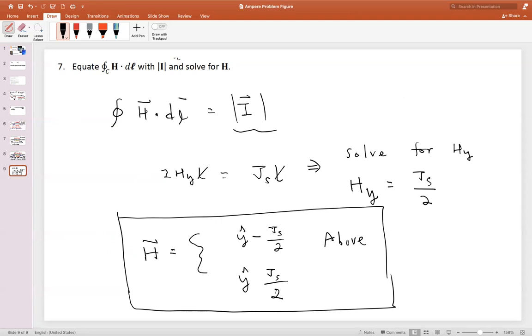It only depends on the current strength. And we can see that it's symmetric above and below the plane, with the symmetry such that above the plane, the field is in that minus y direction, but below the plane, it is in the positive y direction.